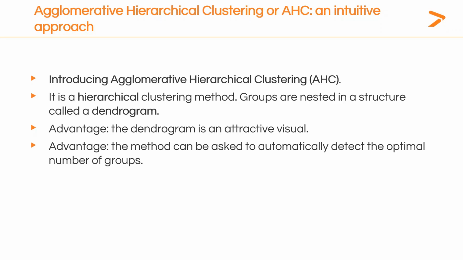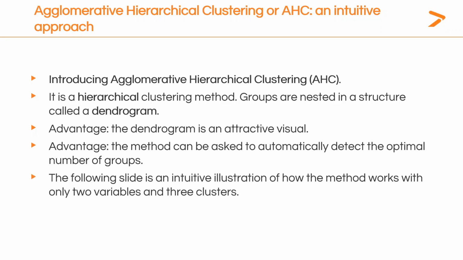In other methods, such as k-means, you are obliged to tell the software, I want to produce 3 groups or 4 groups or 5 groups out of my data. In AHC, you can force the number of groups, you have the right to do this, and you can also ask the software to define the optimal number of groups for you.